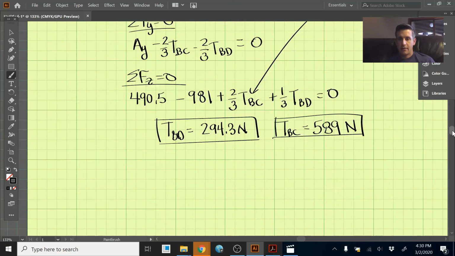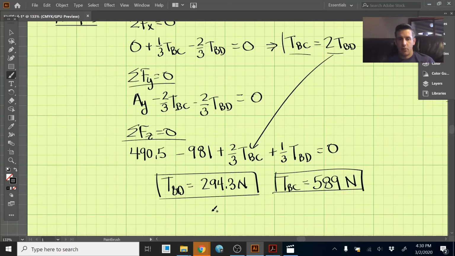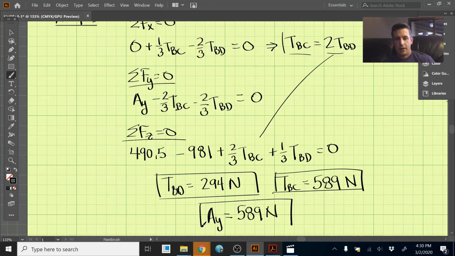Then lastly, we need to figure out AY, and AY comes out to be 589 newtons as well, right? And let's be careful about our units and significant figures. Let's make sure that's 294 newtons. And that should solve everything for problem 582.